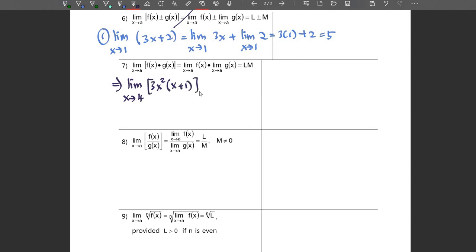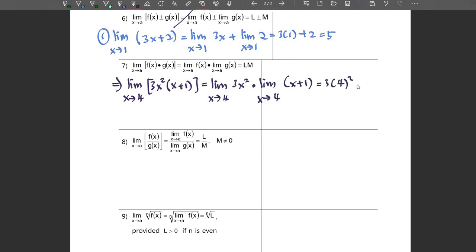So this is our function. You can separate them and do it like this: 3x squared multiplied with the limit as x approaches 4 of (x + 1).